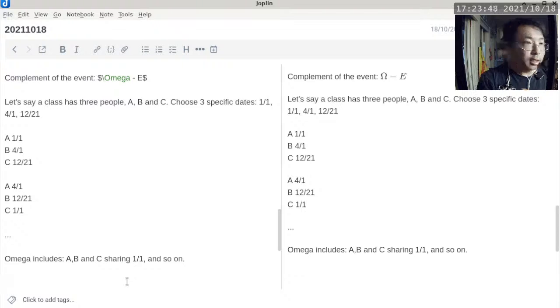All right. Because people are unique, who gets which date is important, and as a result, ordering is important in this case.